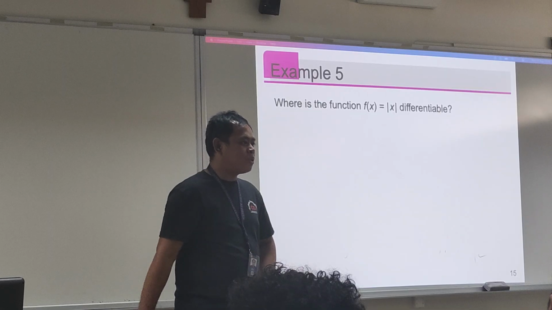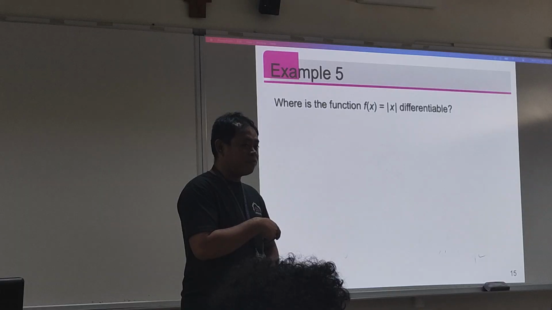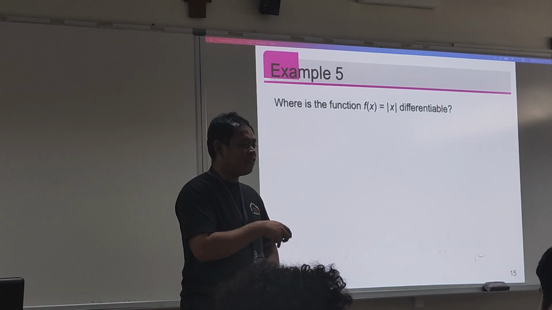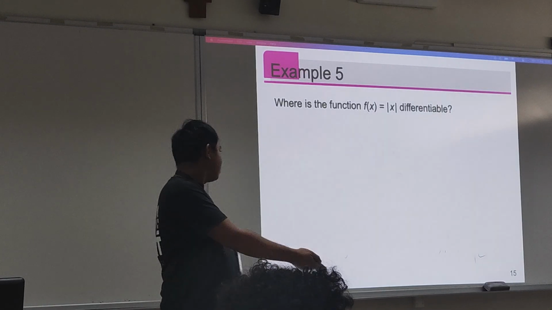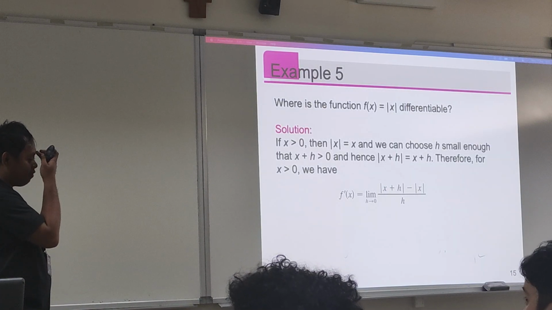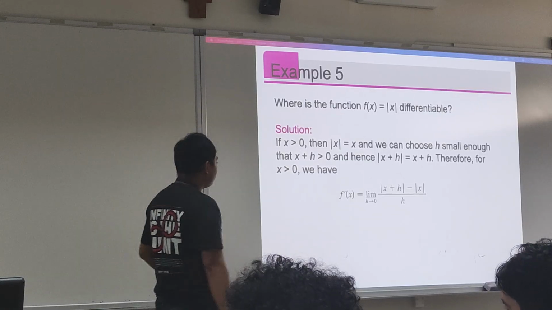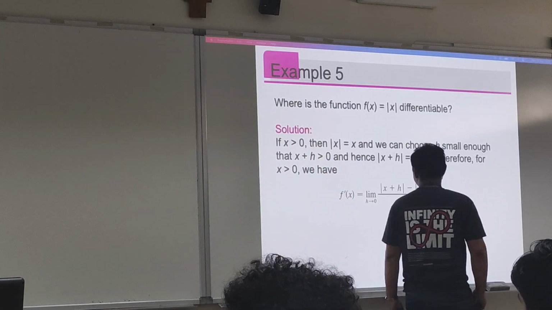Okay, what is the definition of absolute value? If it is positive, then x. If it's negative, the negative of x. So using our definition of derivative, for example, we are taking x positive.